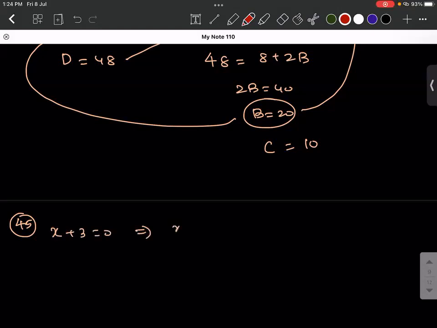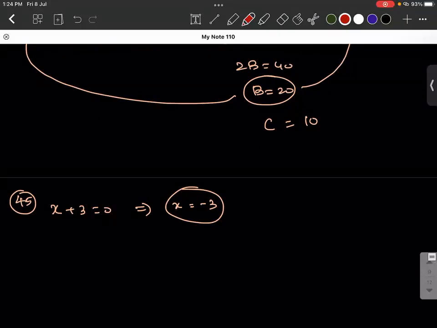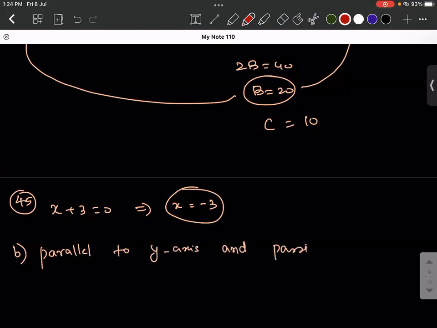It passes through x-axis at minus 3, 0. Is it parallel to x-axis? No. It is parallel to y-axis. Yes, be careful with that. So it is parallel to y-axis and passing through -3, 0.